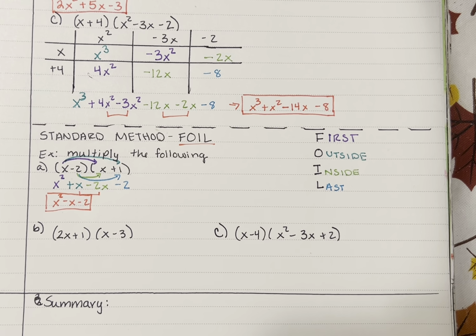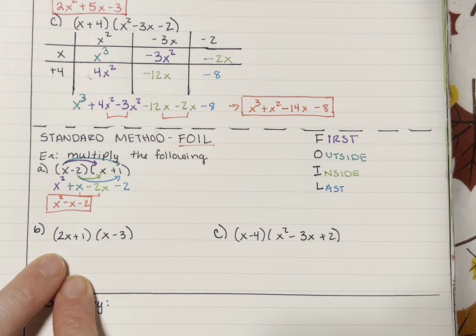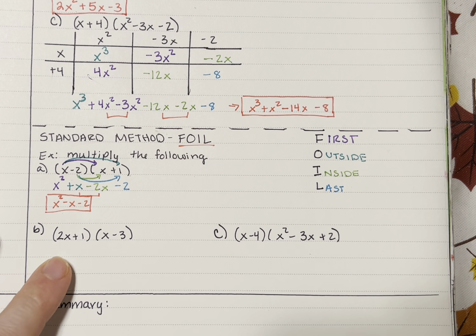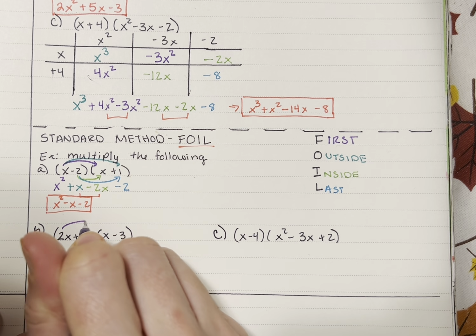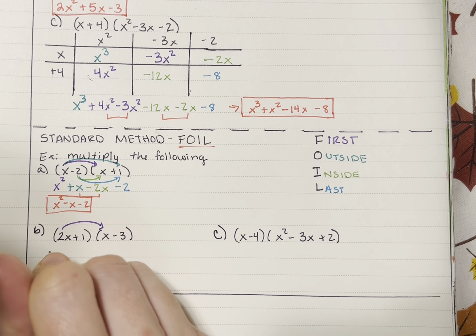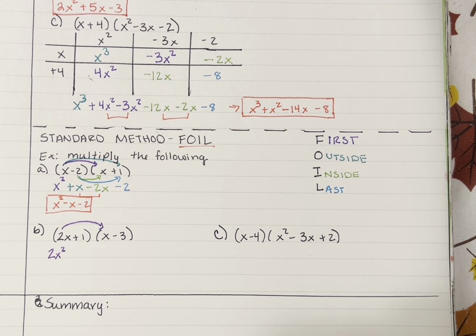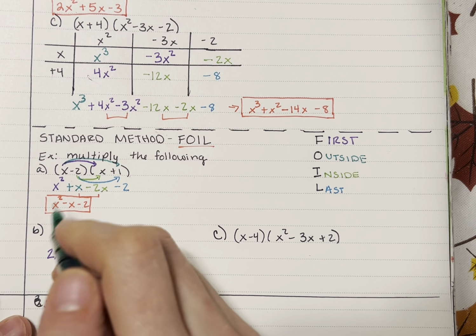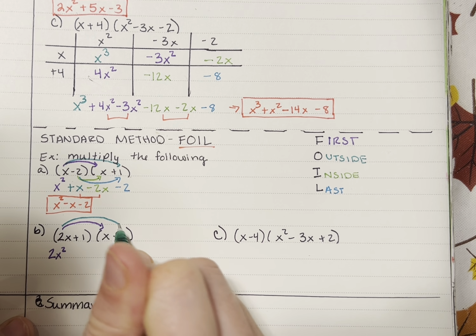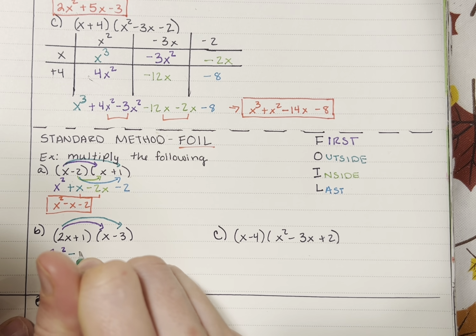Part B, we can do it the same way. So we don't need to make bigger boxes. We just keep doing it the same way. So again, practicing with the first term, 2x times x. That's going to give me 2x squared. Outside is 2x times negative 3, which is negative 6x.